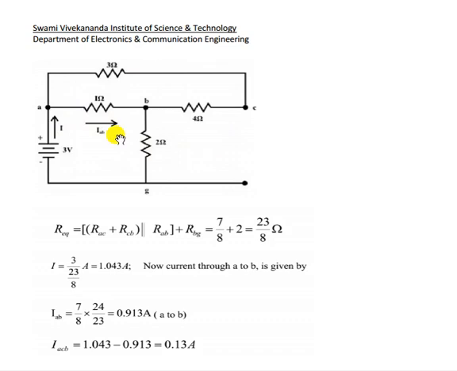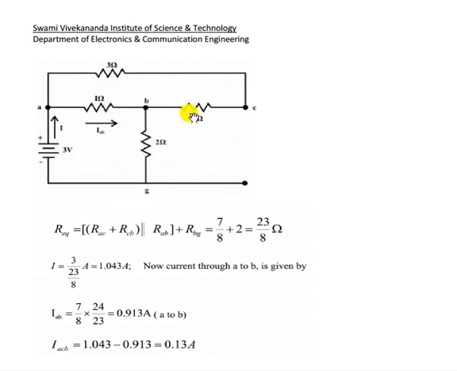Now, what we can see here is the equivalent resistance of the circuit. This 4 ohm resistance is in series with this 3 ohm resistance, and altogether that is in parallel with this 1 ohm resistance, and that is in series with the 2 ohm resistance.